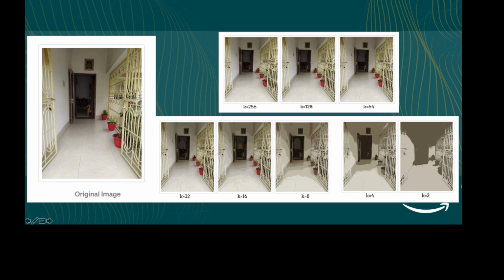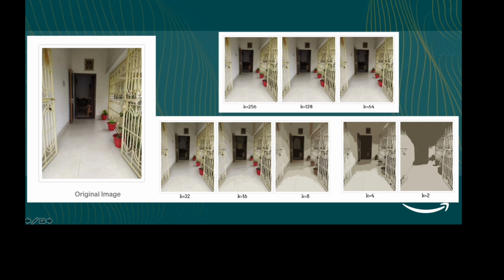Now look at k equal to 2, just to get more of a feel for how it is working. Since there are only 2 clusters, there are only 2 cluster centers, and hence there are only 2 colors in the image, so this is just a 2 color image. Now if you have 4 clusters, then you will have 4 cluster centers and 4 colors in your image, and so on.